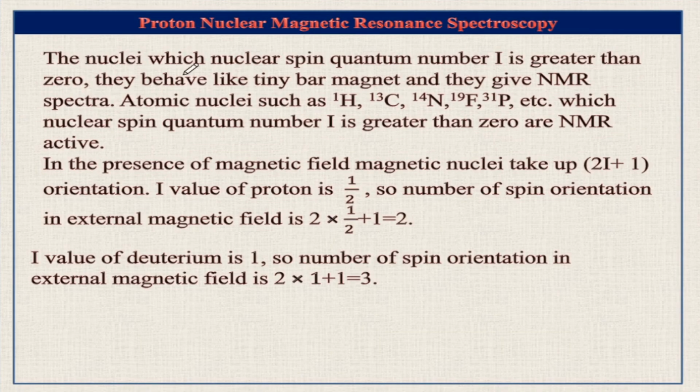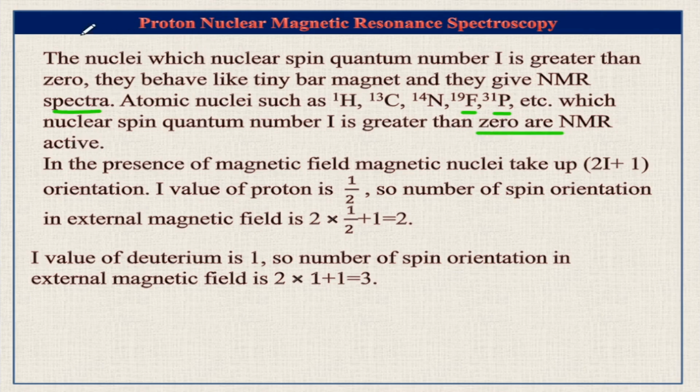The atomic nuclei whose nuclear spin quantum number I is greater than 0 behave like tiny bar magnets and give NMR spectra. Atomic nuclei such as proton, carbon 13, nitrogen 14, fluorine 19, phosphorus 31, etc., have spin quantum number I greater than 0.